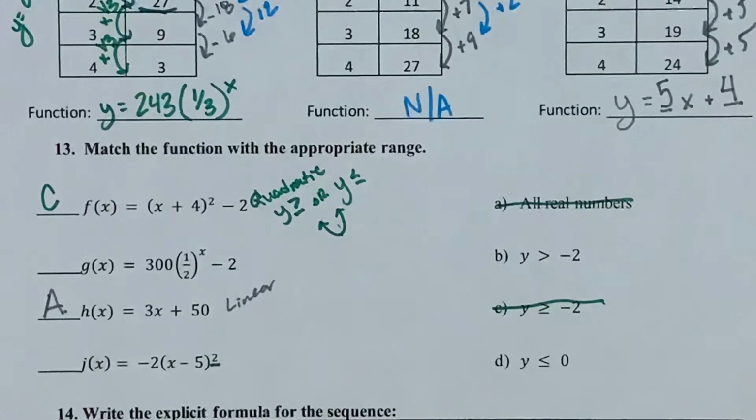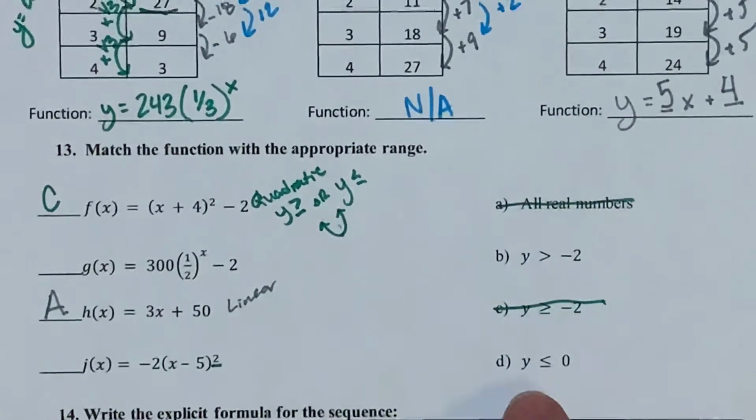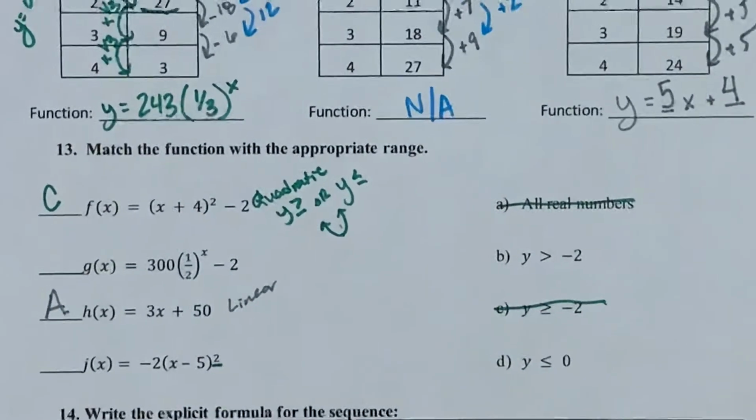So you can keep it differentiated from an exponential function in that you have the or equal to. So looking at my choices here, process of elimination, I'm going to say that D is the range of j of x. I say that because it is the only one left that is y is less than or equal to. This time it's less than, not greater than.